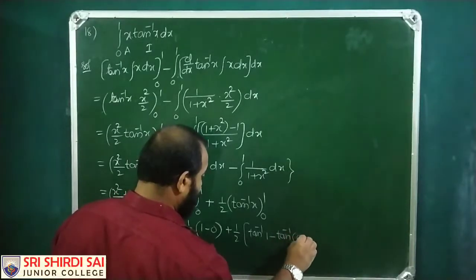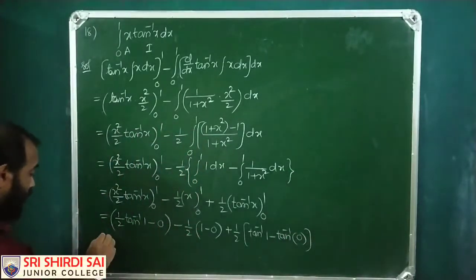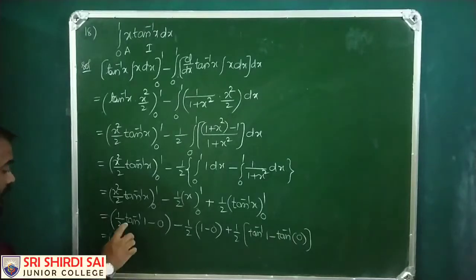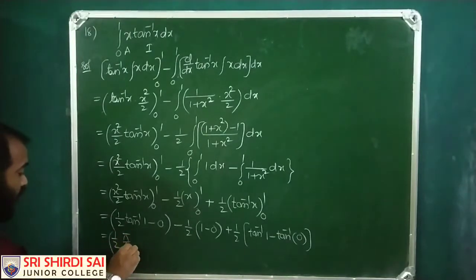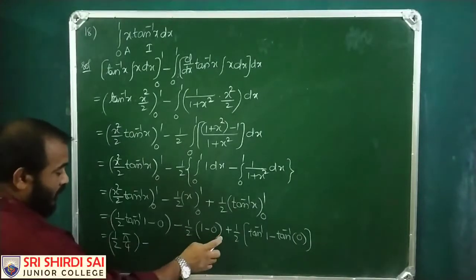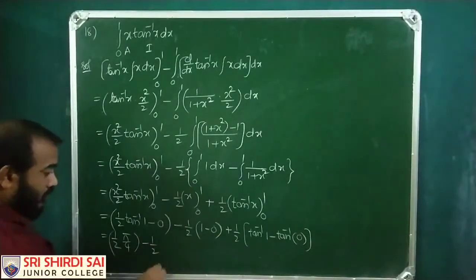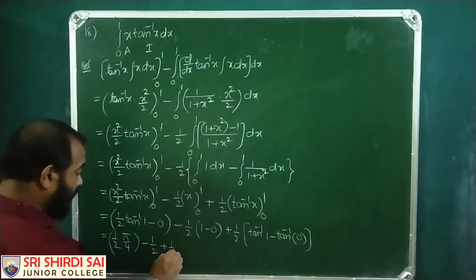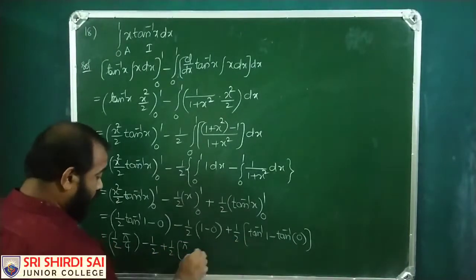So that is equals to 1 by 2 tan inverse 1 value is pi by 4, minus 0, minus 1 minus 0 is 1 into 1 by 2, 1 by 2, plus half tan inverse 1 value is pi by 4.